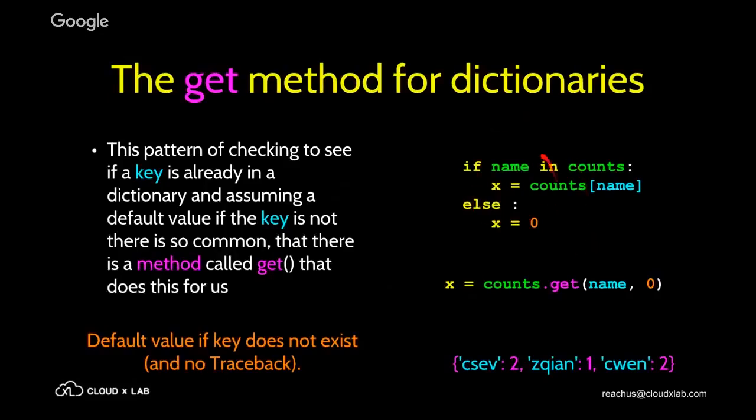So get the value for this key, and if not found, give me 0. So the whole if-else condition becomes a very simple condition like this. Cool. Instead of writing if-else, we could simply use this, and this is exactly what it is doing. It is saying: give me the value for the key if it exists, otherwise give me 0.